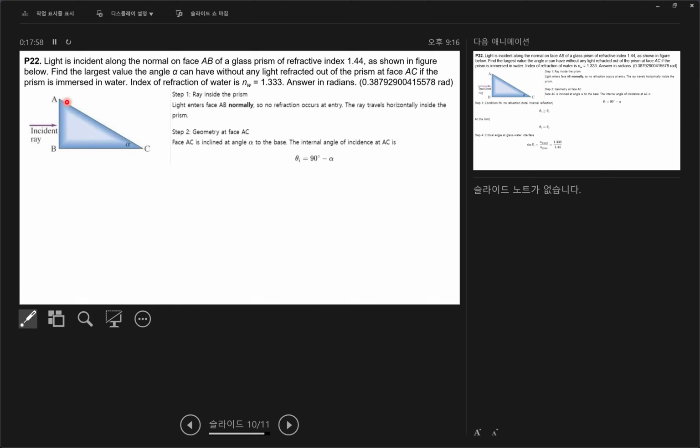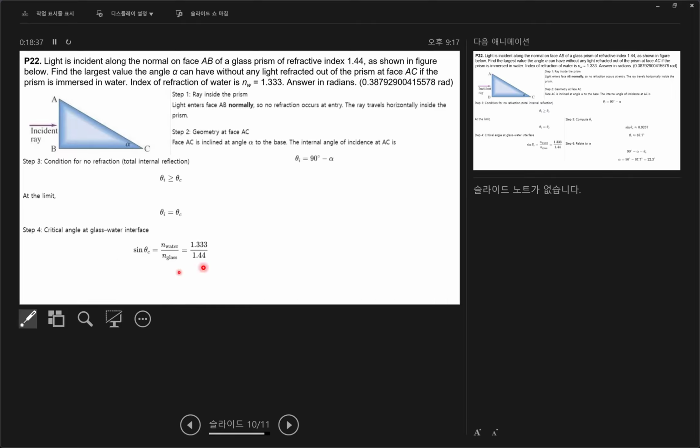Then geometry at the face AC: face AC is inclined at the angle alpha, so what's the angle of incidence at this interface? Theta i is nothing but 90 degrees minus alpha. We can figure it out easily. The condition for no refraction is total internal reflection, so the limit is theta c.